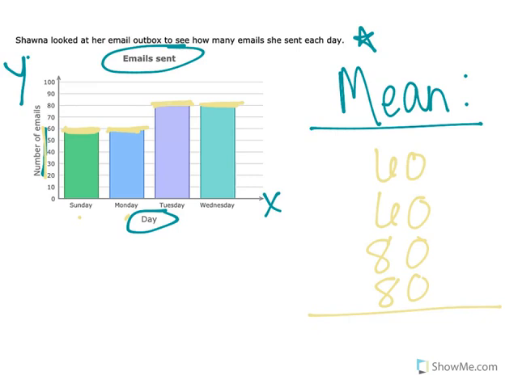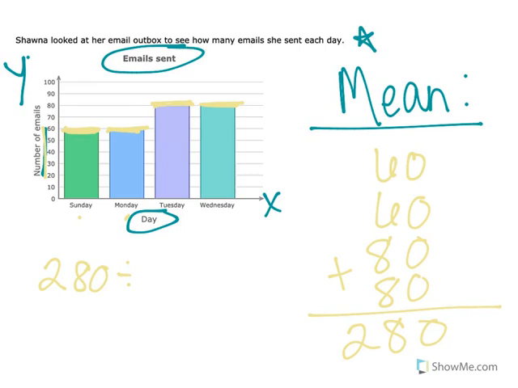So recalling my knowledge of how to find the mean, I need to add up all of these pieces of data and then divide by the total amount of pieces. So I'm going to add up. So I get 280. Now I need to take 280 and divide it by the amount of pieces of data.